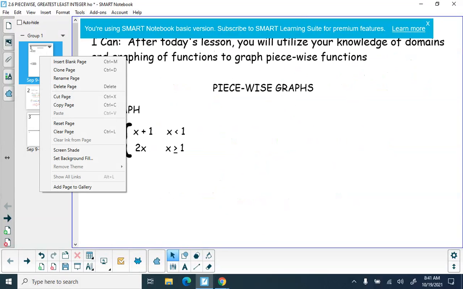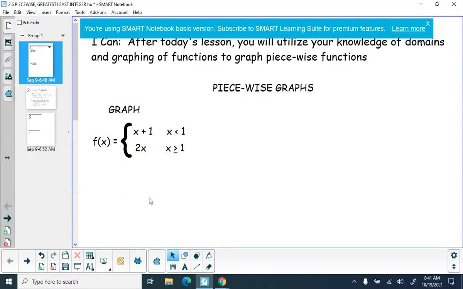For example, our function f of x is defined as two different types of functions. This function f of x or y is equal to x plus 1 when x is less than the value of 1. Okay, these are conditions over here.